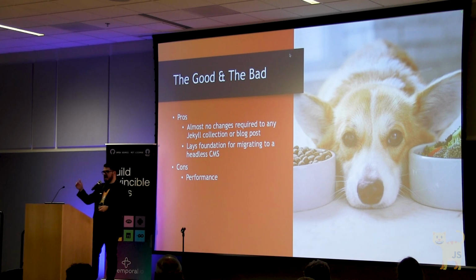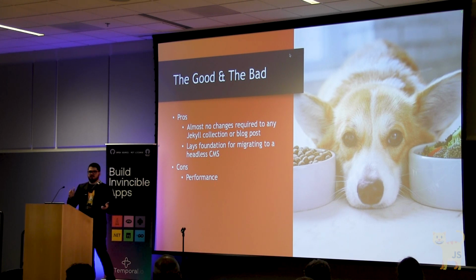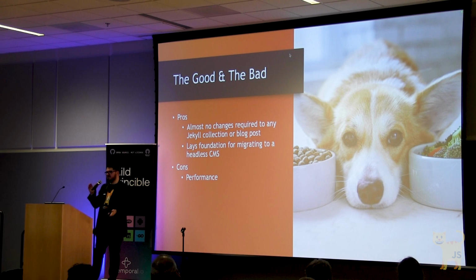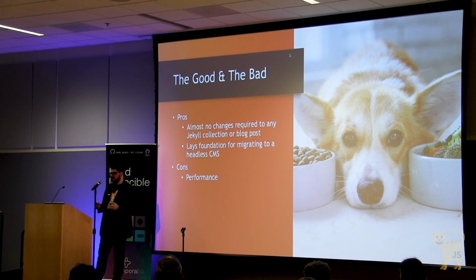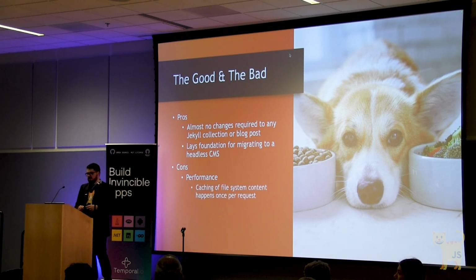They only exist as tags on every blog post. So in order to get the full list of categories, I have to visit every single blog post file in the file system. I'm able to cache that in memory, but for the next request, it all gets read again. So that was definitely a challenge.